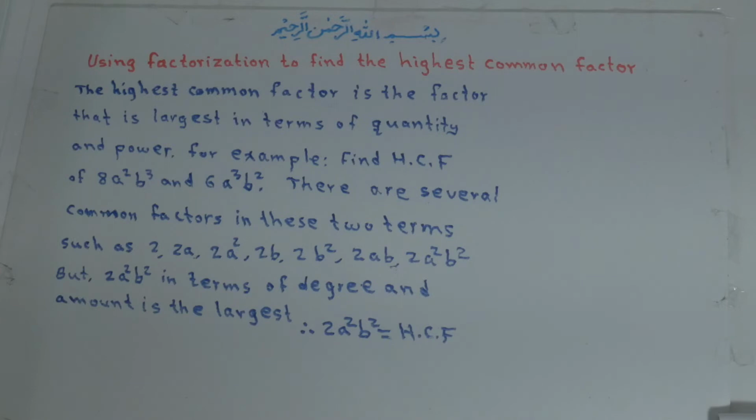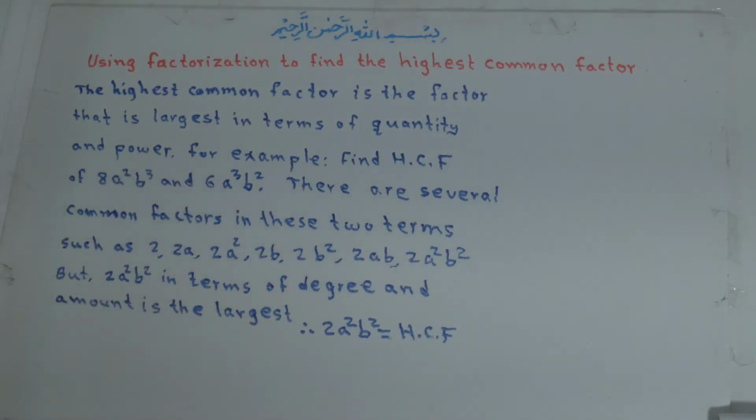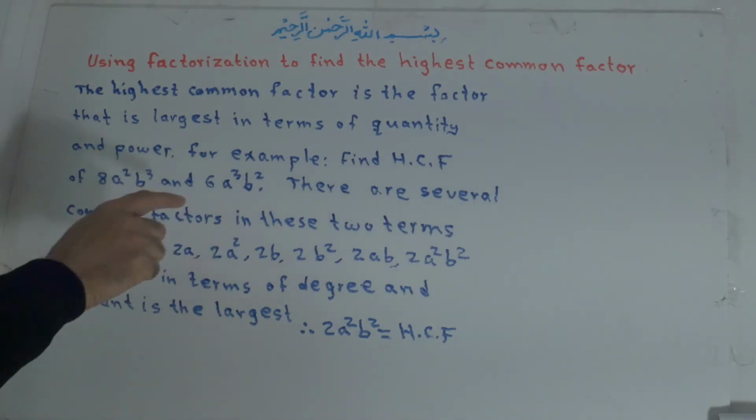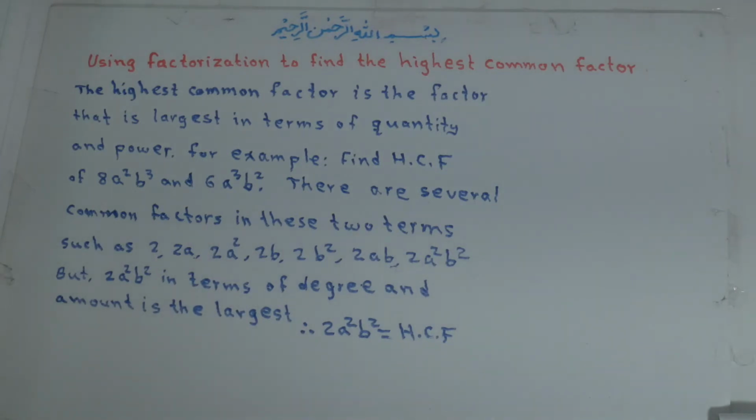We find the number that both of these terms are divisible by, and this is the highest. All of these are divisible by these two terms, but the largest one is 2a to the power of 2, b to the power of 2. That is the largest or the highest common factor. In some books it is written highest common factor or HCF, in some books it is written LCF, meaning largest common factor.